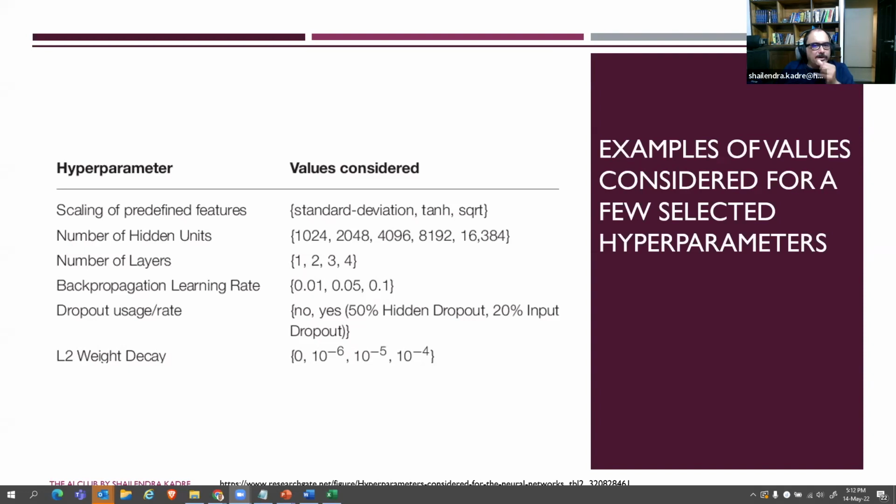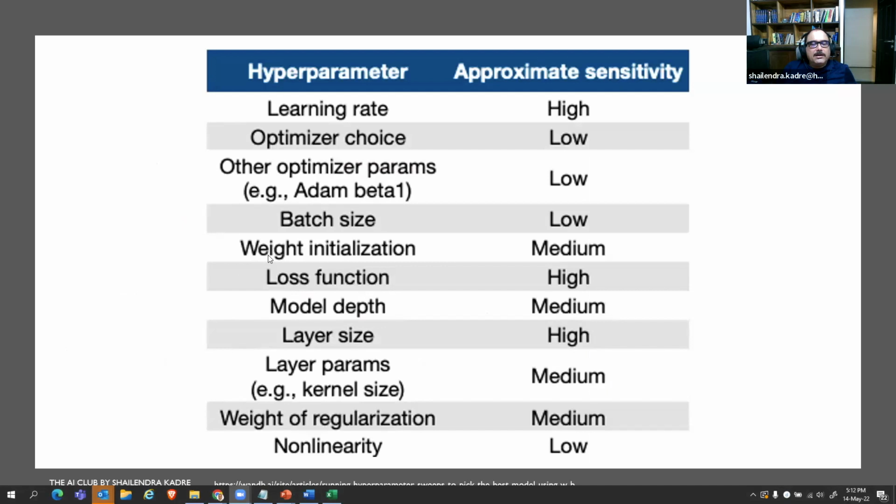So what you need to concentrate on is learning rate, number of layers, what kind of regularization to use, and how many neurons in each layer. These are the main hyperparameters which you need to concentrate on. And maybe then you can try which loss function to use and which optimizer to use, but we see the effect is low, sensitivity is low.